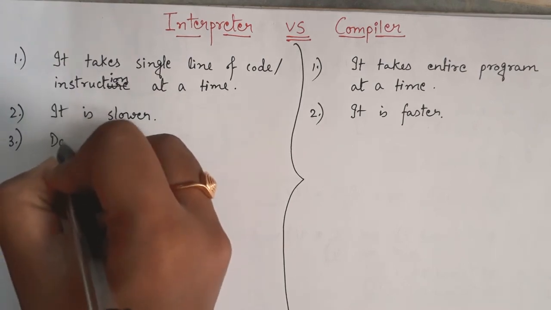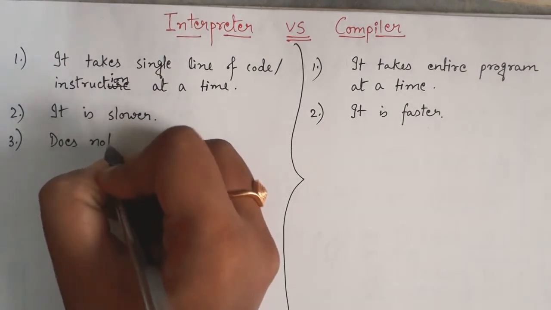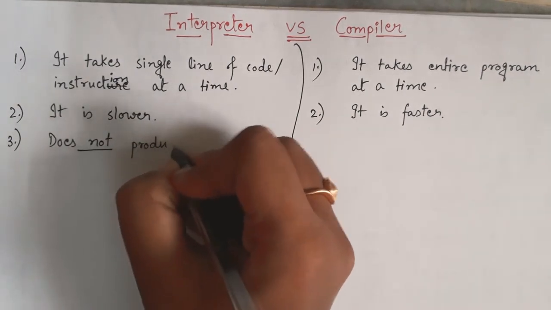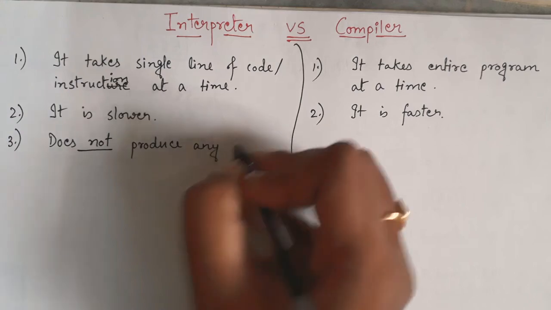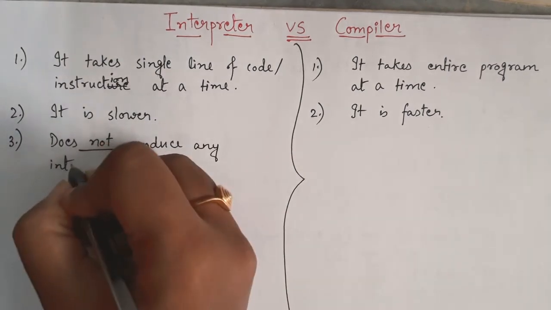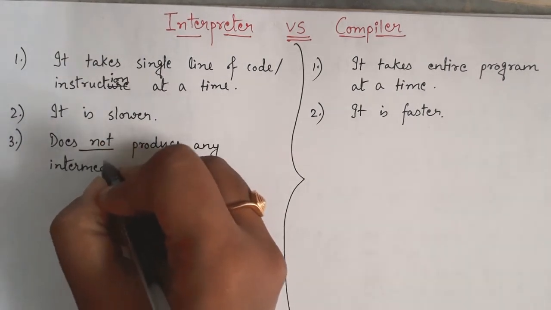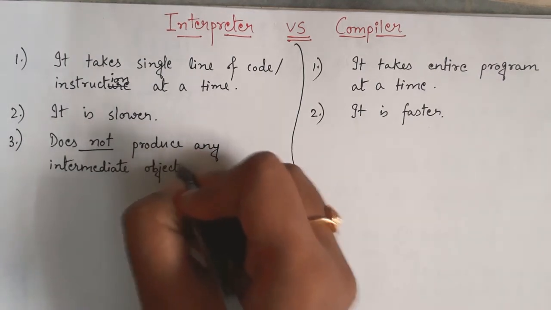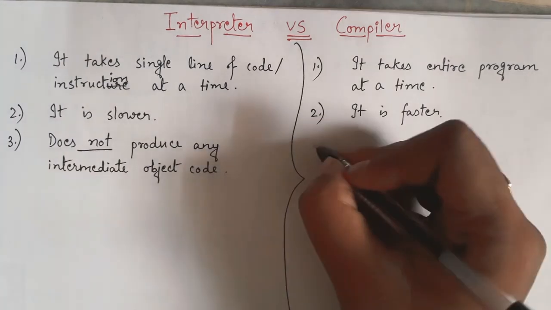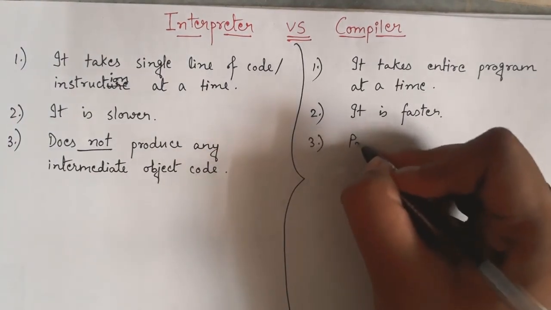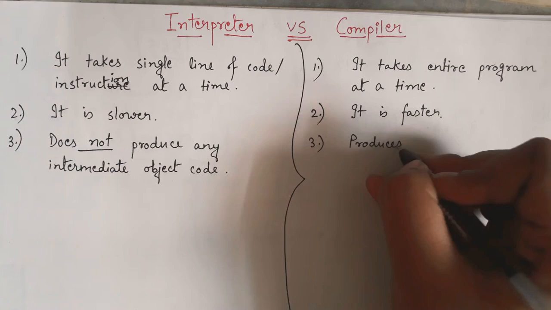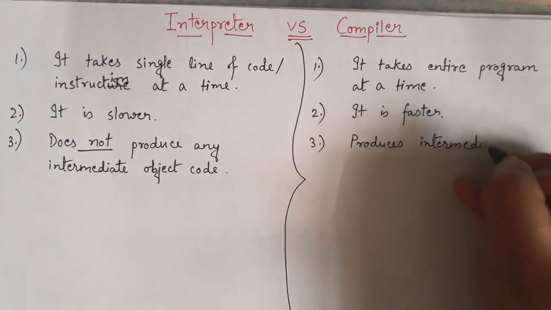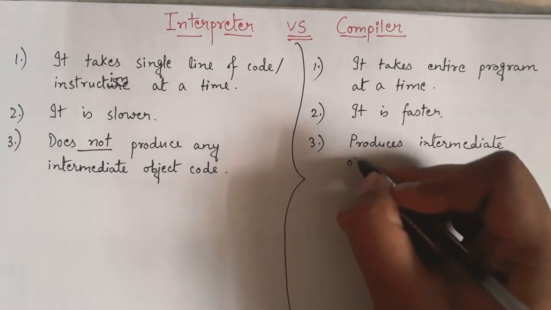Interpreter does not, let me underline it, it does not produce any intermediate object code, whereas compiler produces intermediate object code.